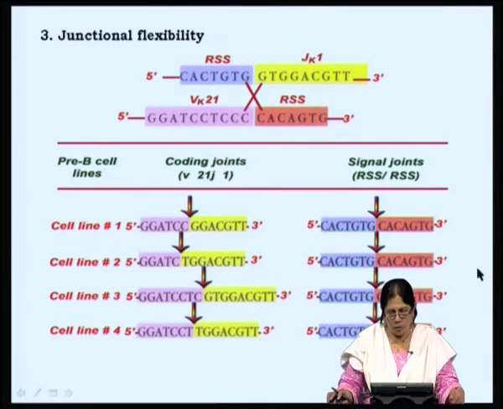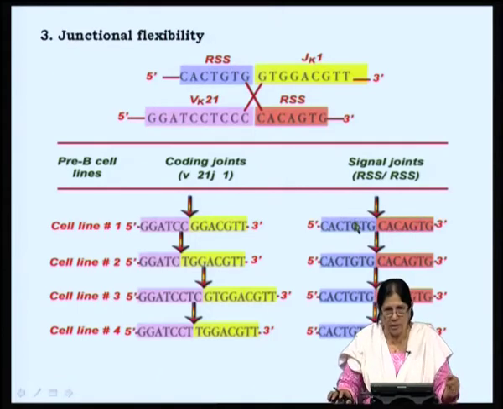Therefore, you get signal joints, that would mean when the heptamer, nonamer, the RSS are deleted, if one sequences these deleted products, one can see that the joining between the heptamer, nonamer, the signal sequences is very precise.